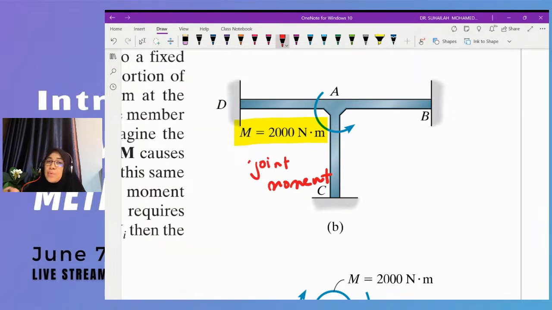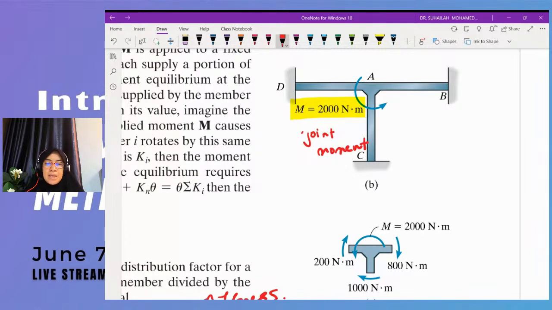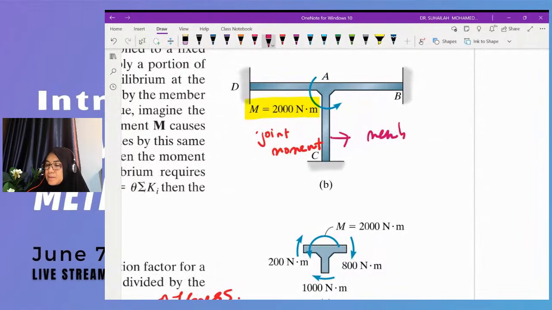Now we want to distribute this moment to AB, AD, and AC. We want to distribute joint moment to what we call member end moment.